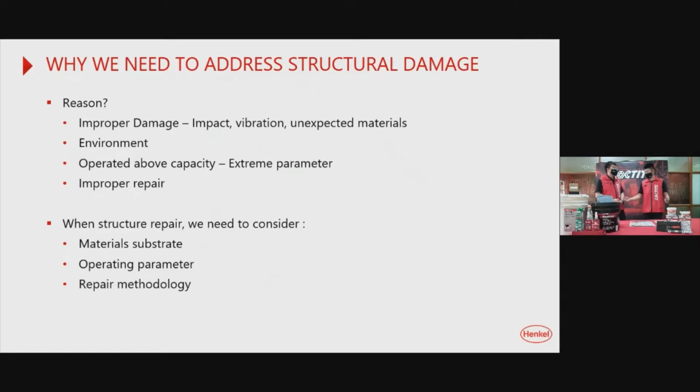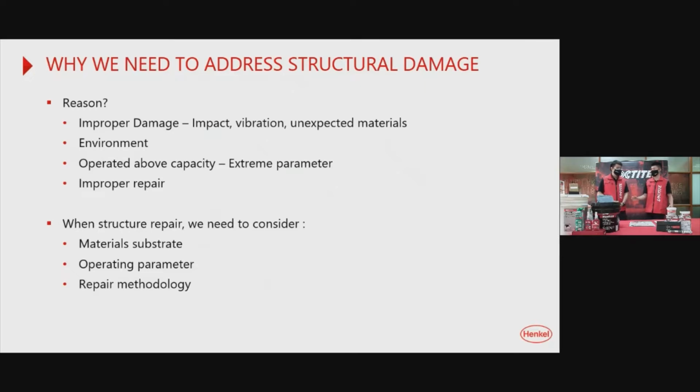And the second reason is, of course, the environment, especially in Malaysia. In a tropical country, some of the plants or factories are set along the coastline. The moist environment and also the saltwater vapor will accelerate the rusting of metal equipment and also metal structures.